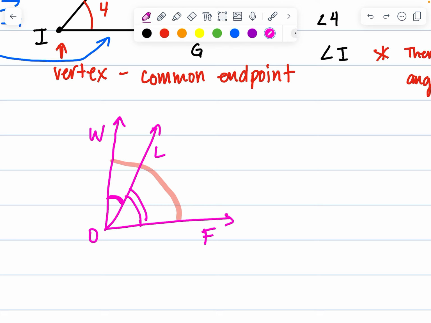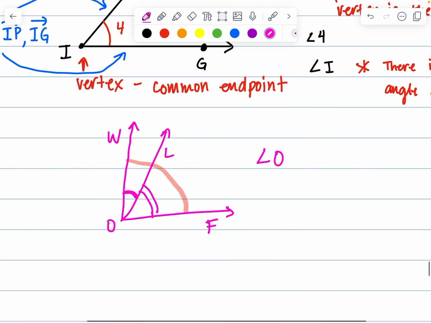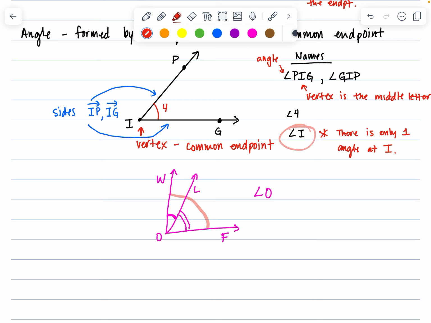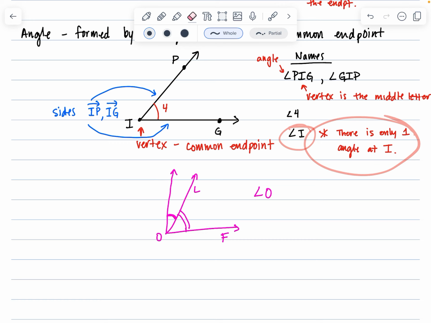And if I said, for instance, just angle O, how would you know which of these 3 angles I'm talking about? Am I talking about WOL? Am I talking about LOF? Or am I talking about WOF? So you could name an angle by one letter only if it is the only angle at that particular point. In this particular case it is, but in the pink it is not. So I'm going to erase this, and make sure you keep that in mind.